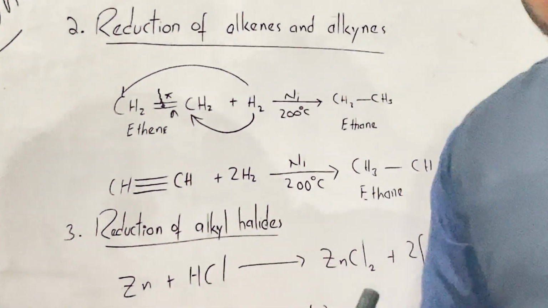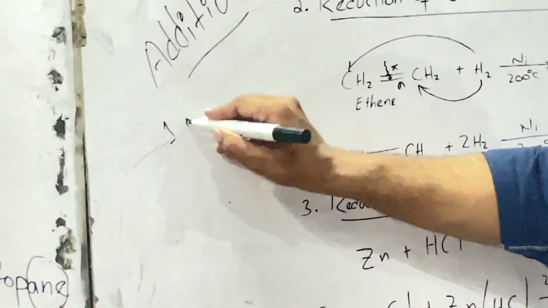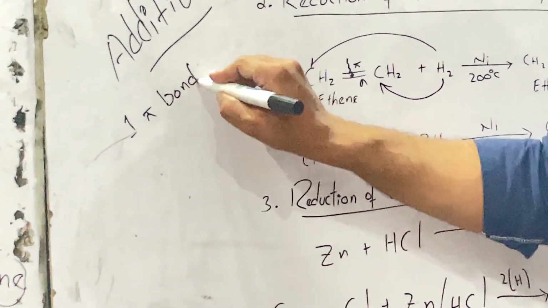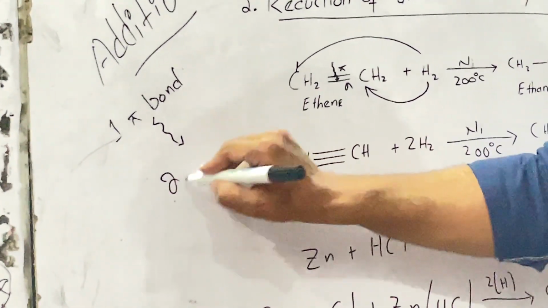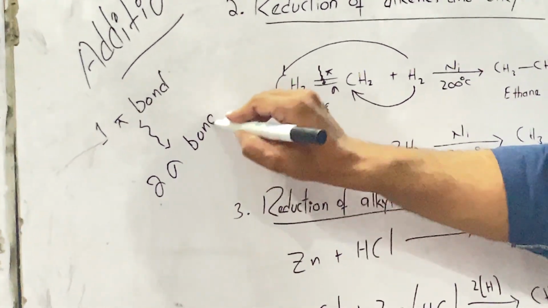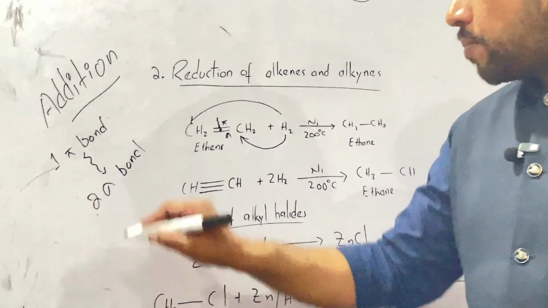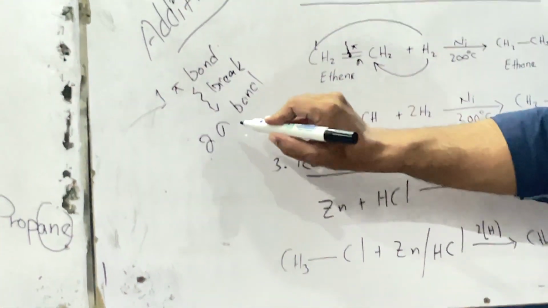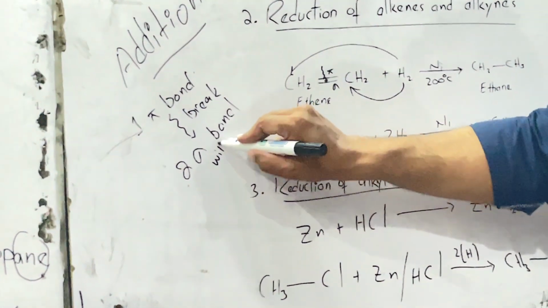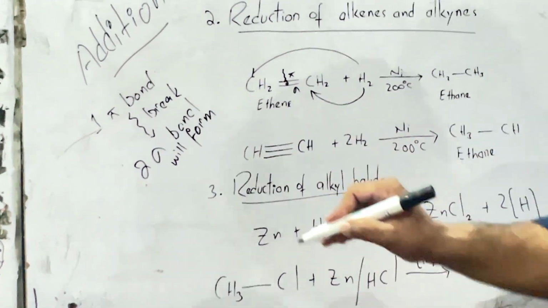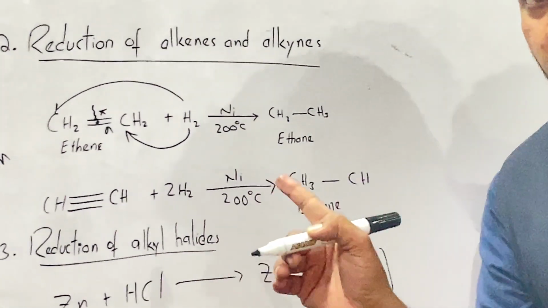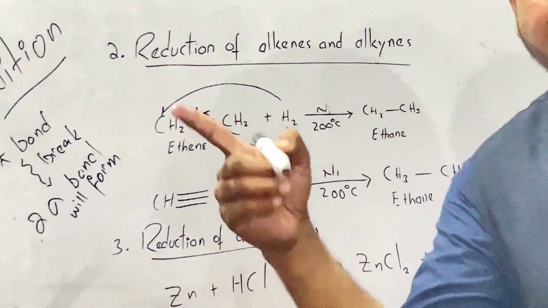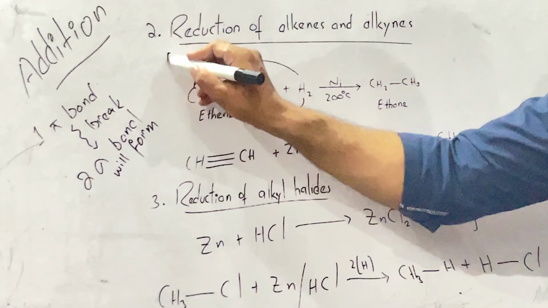When one pi bond breaks, two sigma bonds will form. In the presence of nickel catalyst and 200 degrees centigrade temperature, that reaction is also known as hydrogenation or addition reaction.